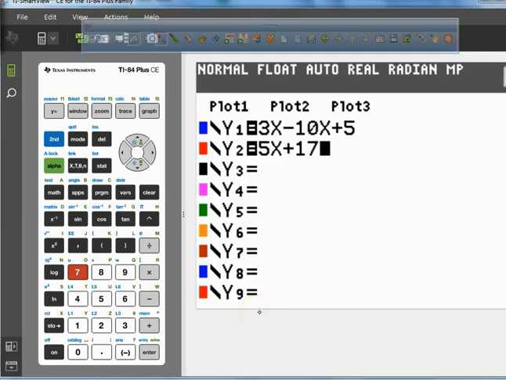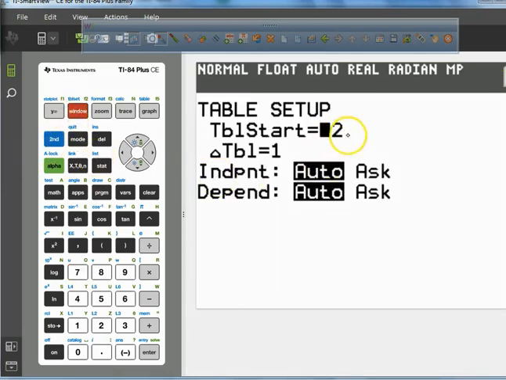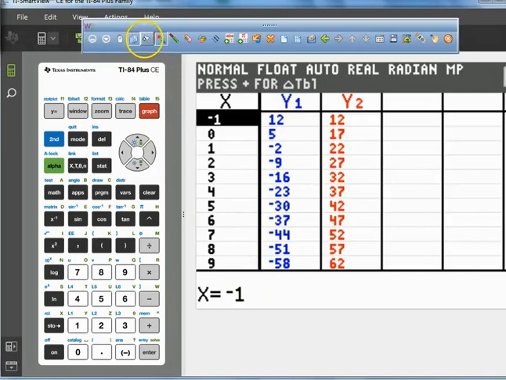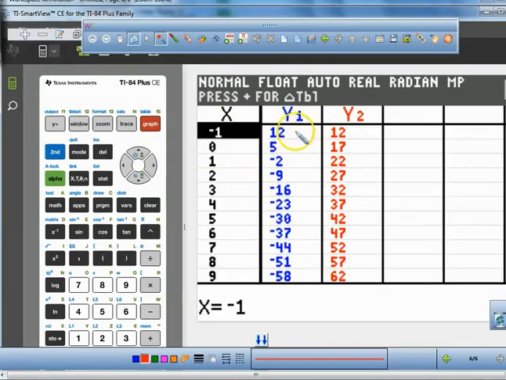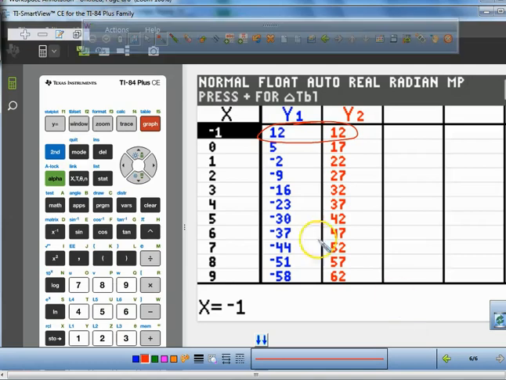We got to hit the second and the window button to get to our table set up. There's our table set up. We're going to type in a negative 1. Now we're going to check the table by hitting second and graph. And look at that. Where x is negative 1, y1 is 12, and y2 is 12. That lets us know we found the right answer. If they didn't match, then it would be the wrong answer.